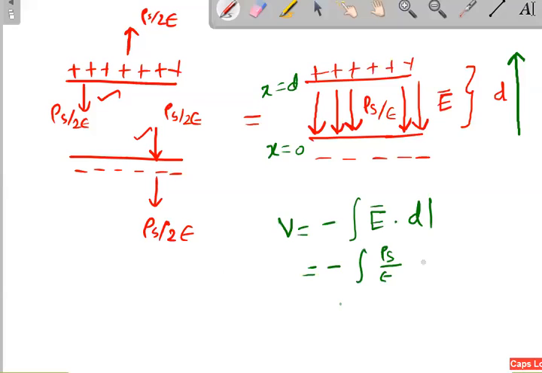I can take dl as dx because I am moving in the increasing direction of x. Integral dx, and the limit varies from 0 to d. Is it correct? I think some minus plus problem is there. Yes, anybody?